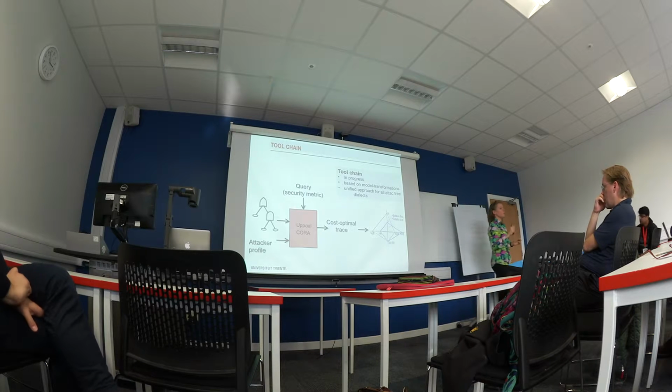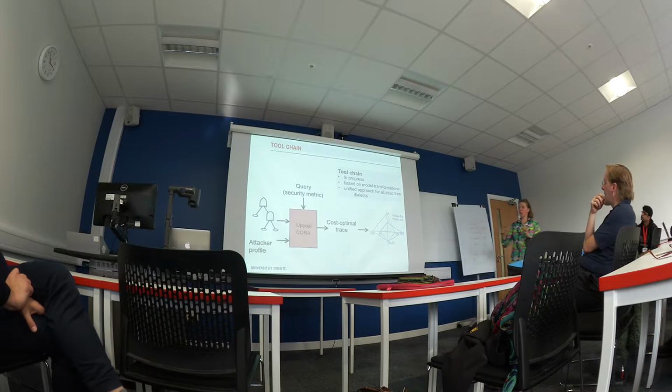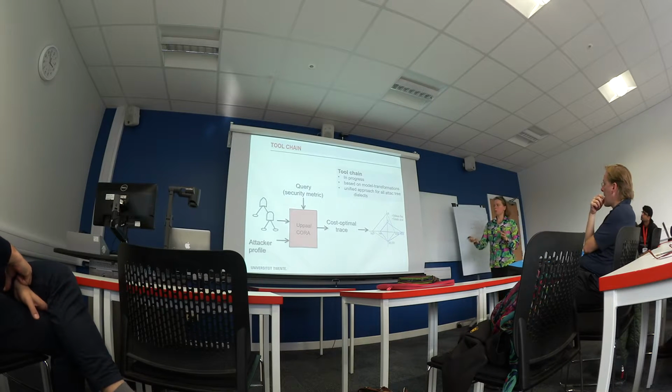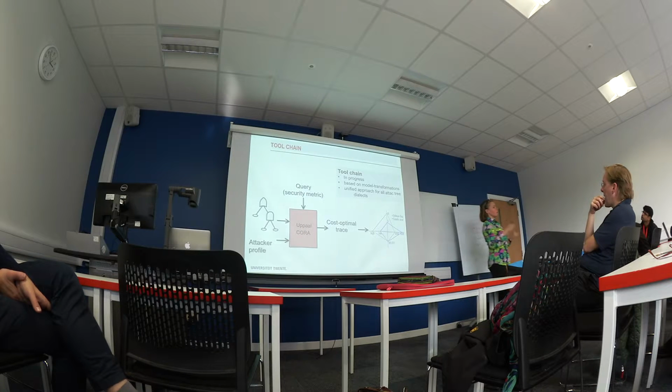We haven't automated yet all steps, and the reason is that, okay, opening your computer and typing in an ad hoc Python script is very easy, but we wanted to do this very systematically, and that's why we wanted to use model transformations. So we have made a meta model for attack trees.